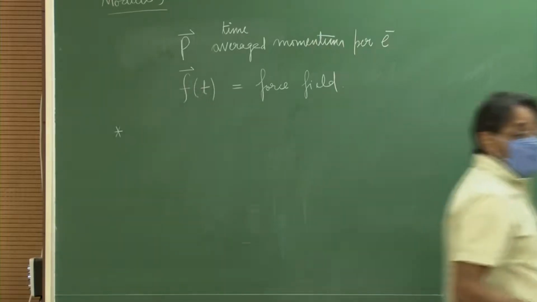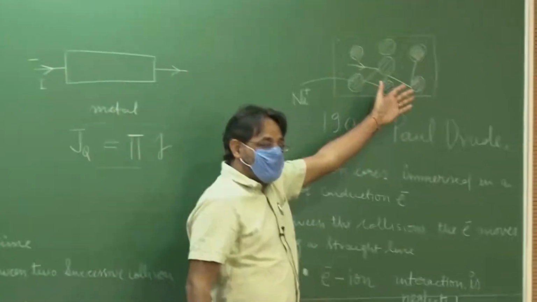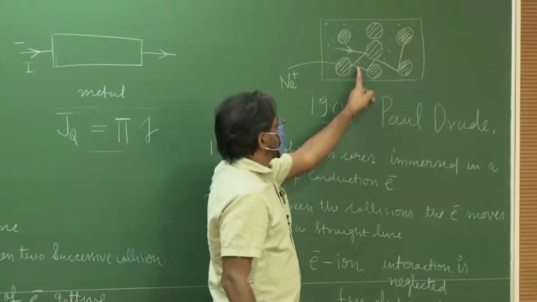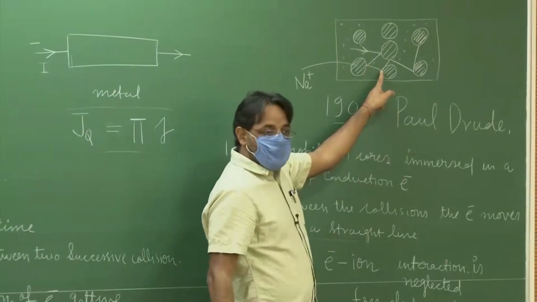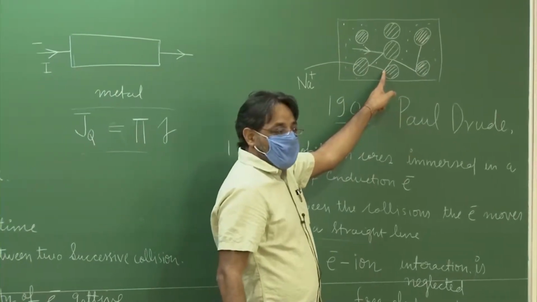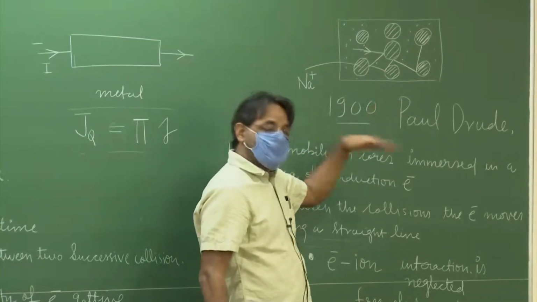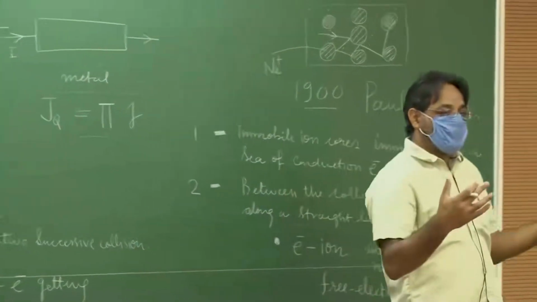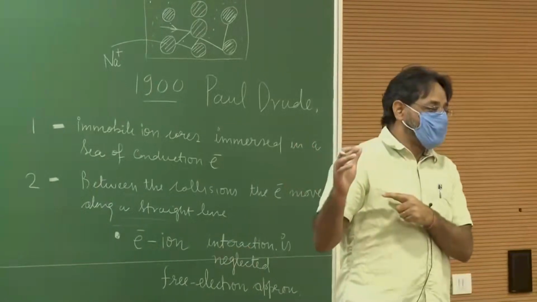But it doesn't mean that the electrons are static. The electrons are all the time moving because of the thermal energy that they have. So we need to distinguish between these two velocities. The electron has a velocity v naught when it is traveling between two collisions, right? And when you apply a force field, this v naught will remain, but on top of that you will superimpose another velocity that comes because of the force field that you have applied, right?